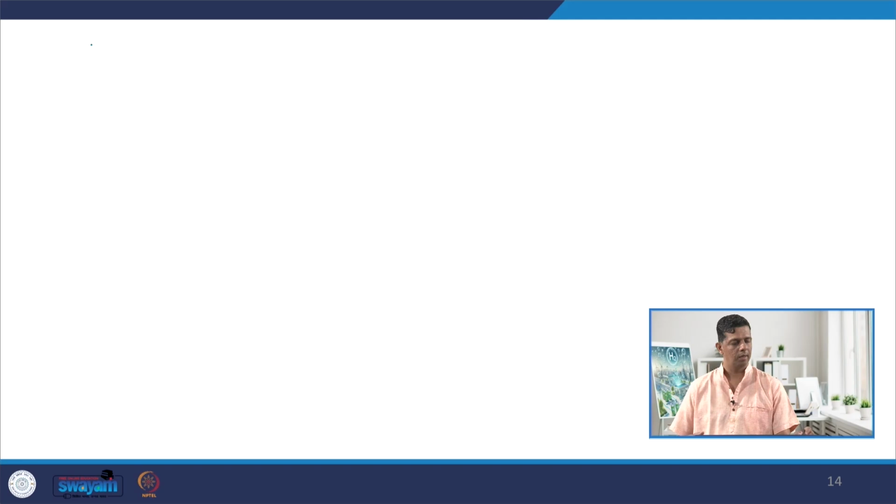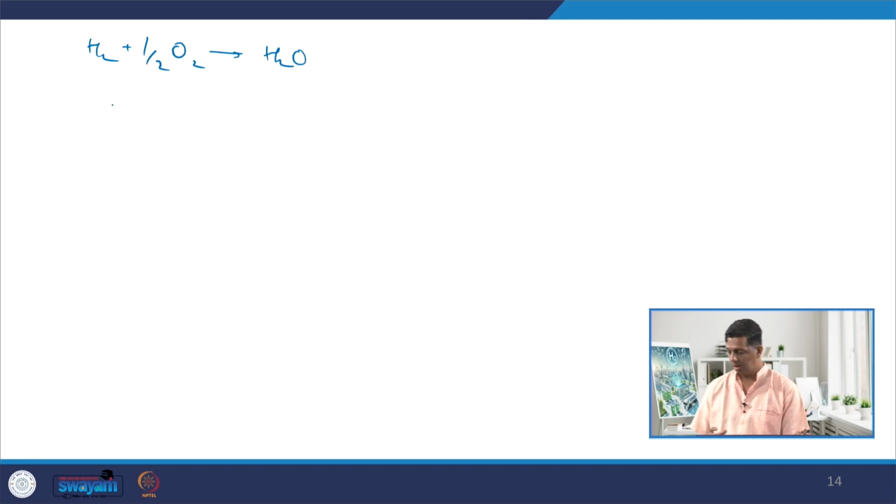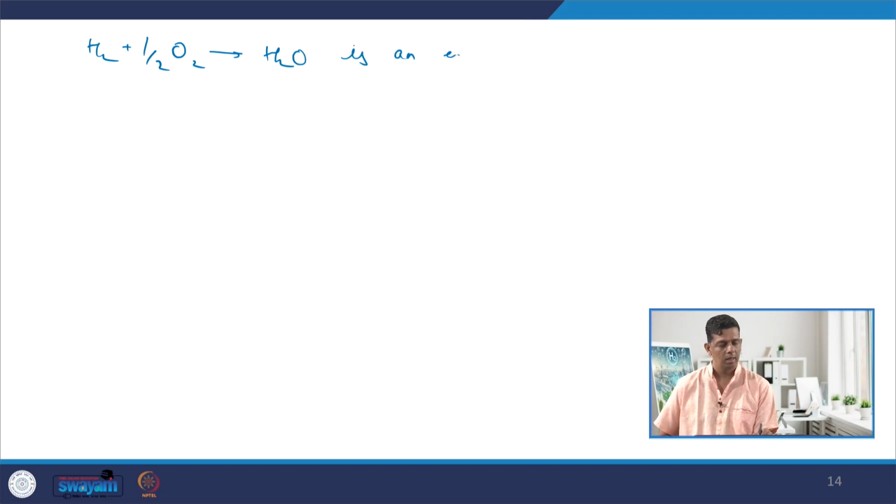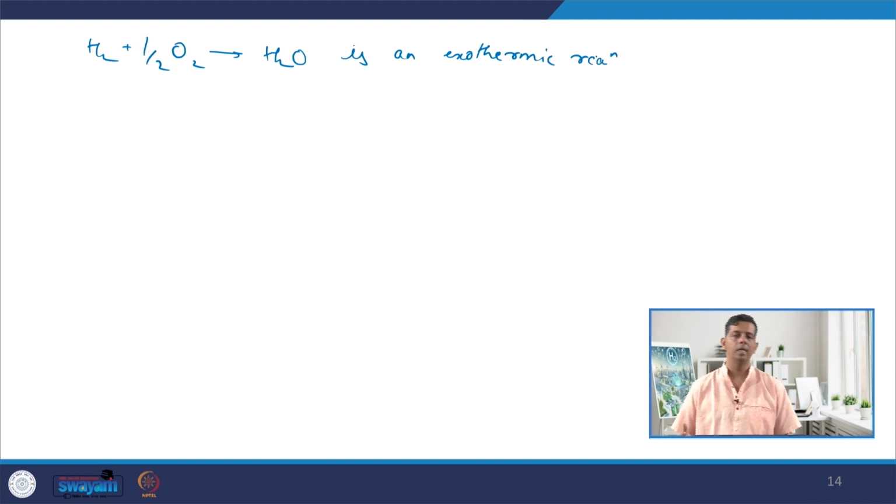So let us take the conventional reaction that we have been using so far. So H2 plus O2. Let us understand what happens with this reaction. So this is an exothermic reaction. What does it mean? It means that this reaction, while it is undergoing, will also evolve heat.